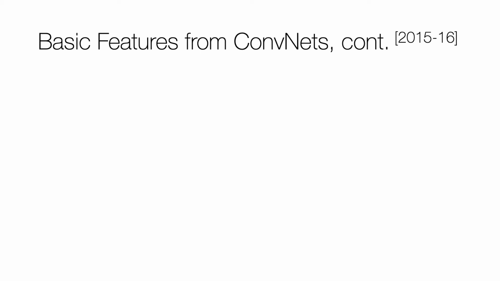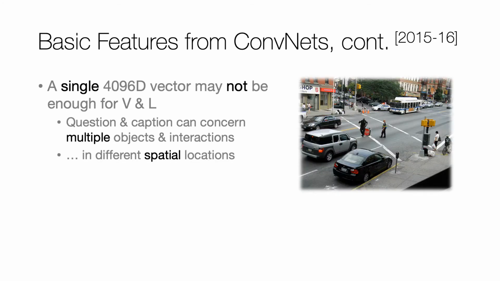But then, as the research developed, people realized that a single FC layer may not be enough for vision and language. Intuitively, as questions and captions are structured, they usually mention multiple objects and their interactions. So a single vector may not be rich enough semantically.